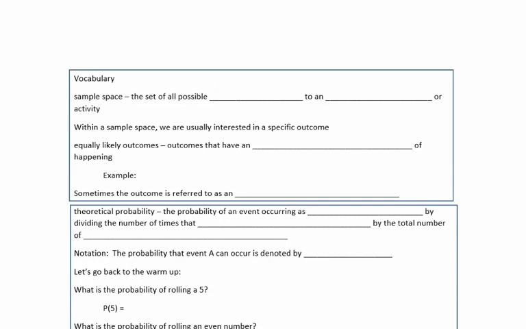This might not work super well just because the screen that I'm writing on is a lot smaller than a laptop screen. It's the set of all possible outcomes to an experiment or an activity. So the first blank is outcomes, the second blank is experiment or activity.